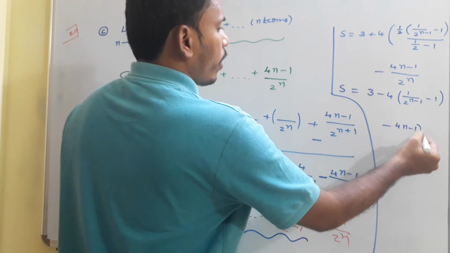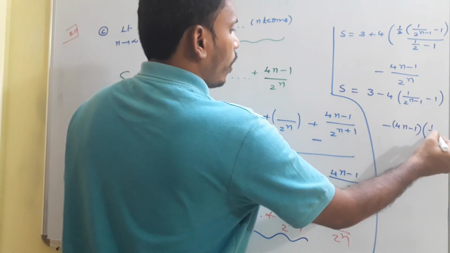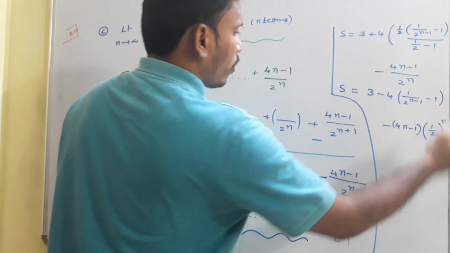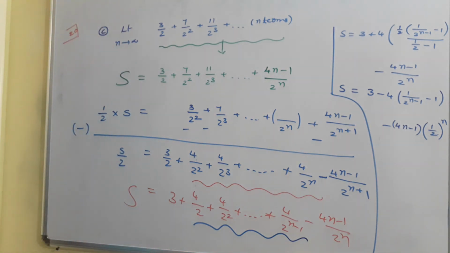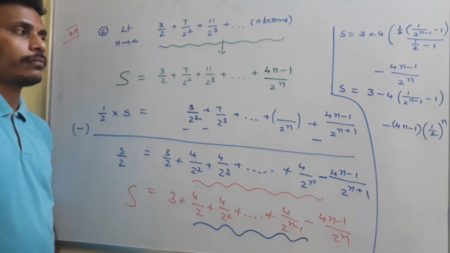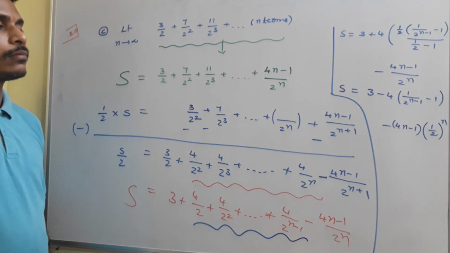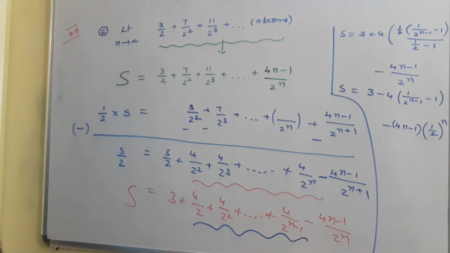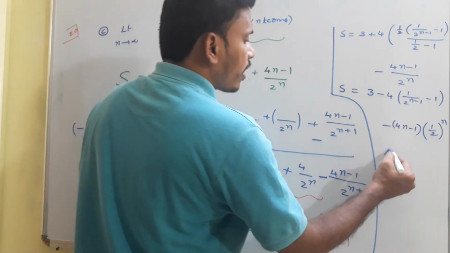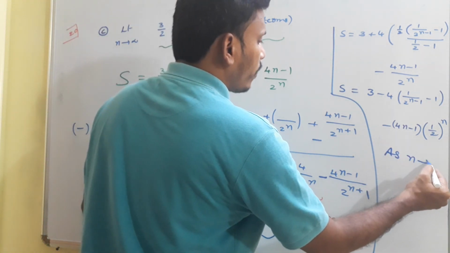See, this is (4n minus 1) into 1 by 2 to the power n. Okay, (4n minus 1) into 1 by 2 to the power n. As n is tending to infinity, we need to find the limit value.